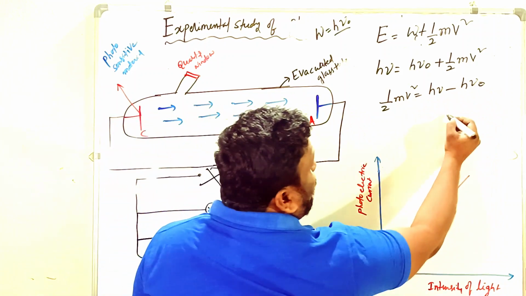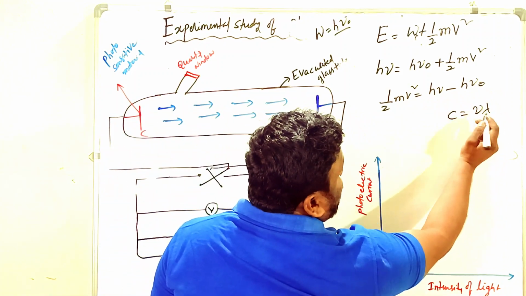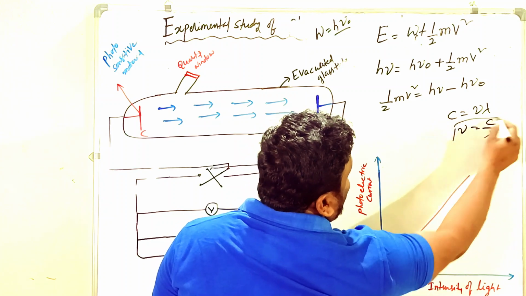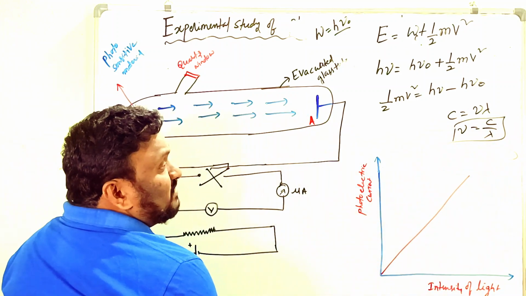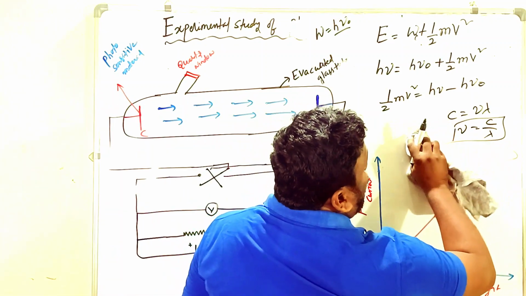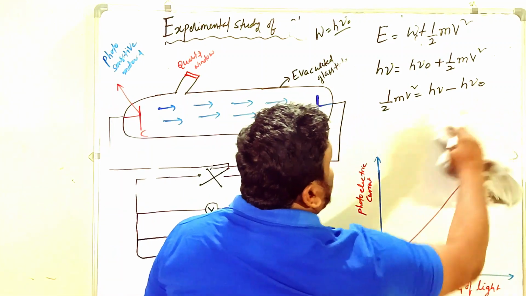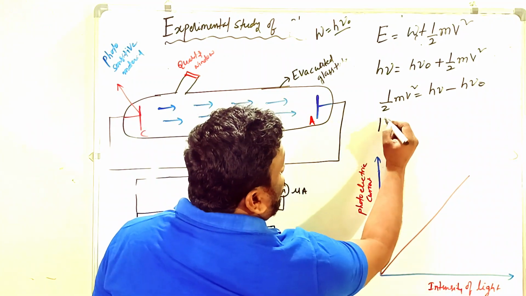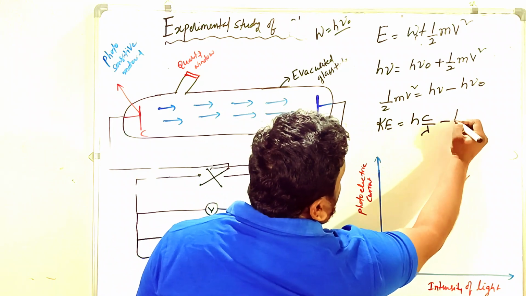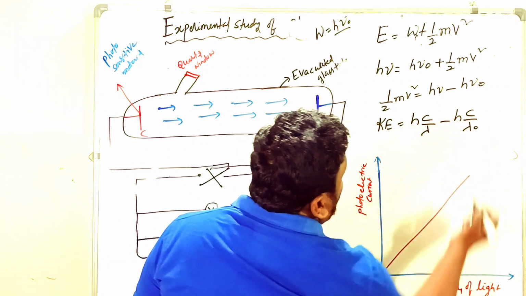Clear? Here we have the formula c is equal to nu lambda. From that, nu is equal to c by lambda. Then instead of nu, you can write c by lambda. So therefore, I am going to write the kinetic energy as h c by lambda minus h c by lambda naught.